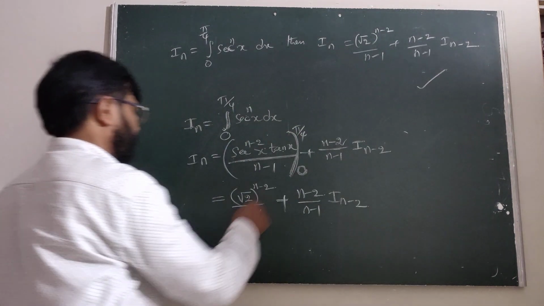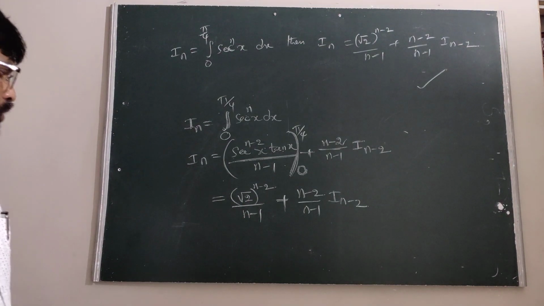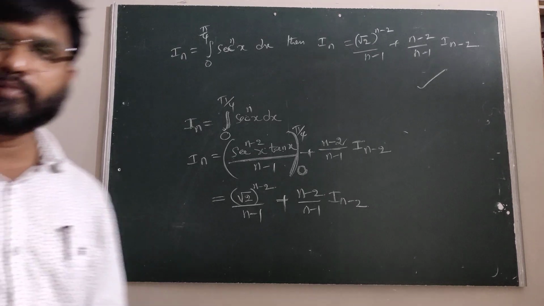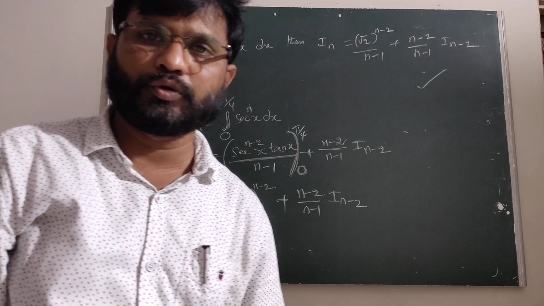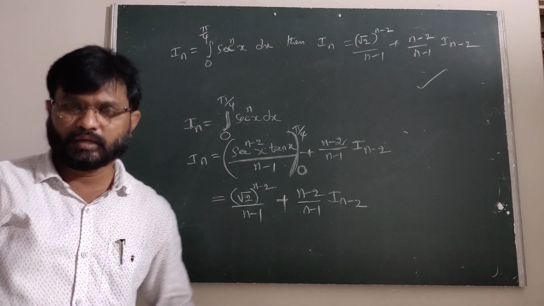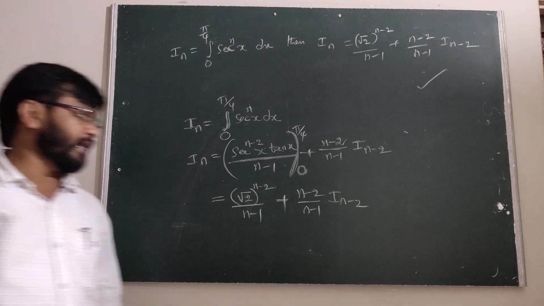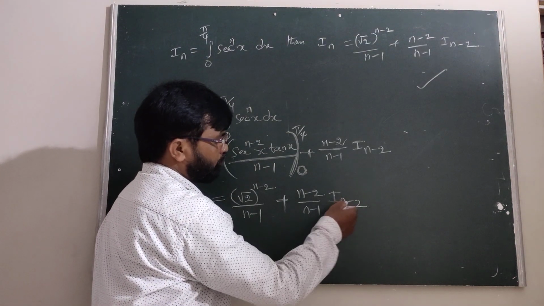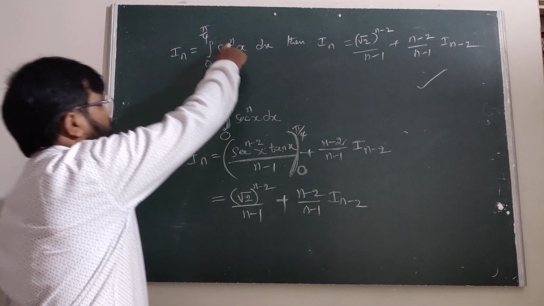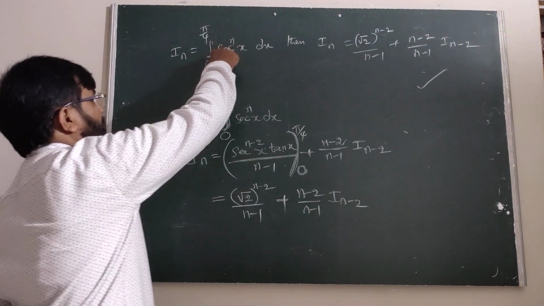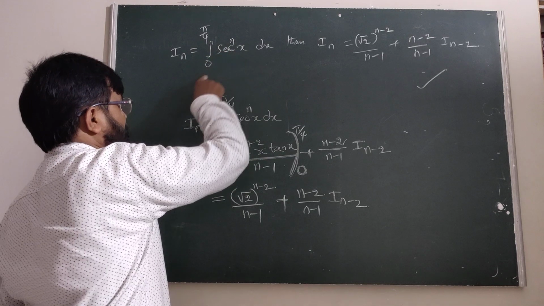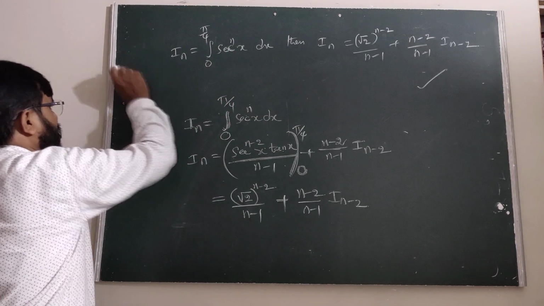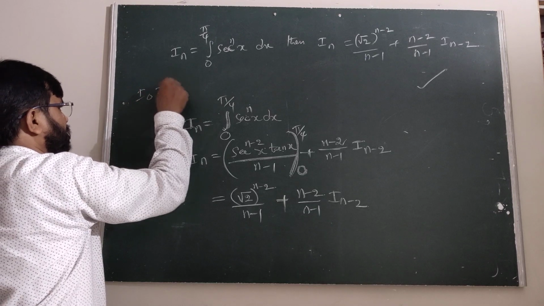This is the answer: root 2 power n minus 2 by n minus 1 plus n minus 2 by n minus 1 into In minus 2. Okay. Now suppose n is even, say 4 minus 2 is 2, after that 2 minus 2 is 0. I0 is secant power 0, 1 into dx, is x. That means pi by 4, the value of I0 is pi by 4.